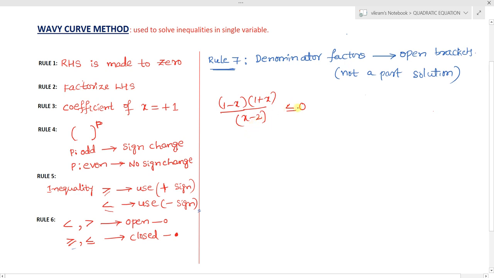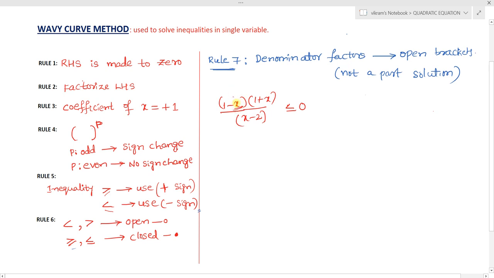Using the wavy curve method, what is the first step we need to check for? The RHS is made 0, which is already given, and the LHS has to be factorized. The LHS is already in the form of factors. Next, check the coefficient of every factor. The coefficient of x in every factor should be +1. Here, in the numerator factor 1 minus x, the coefficient of x is -1.